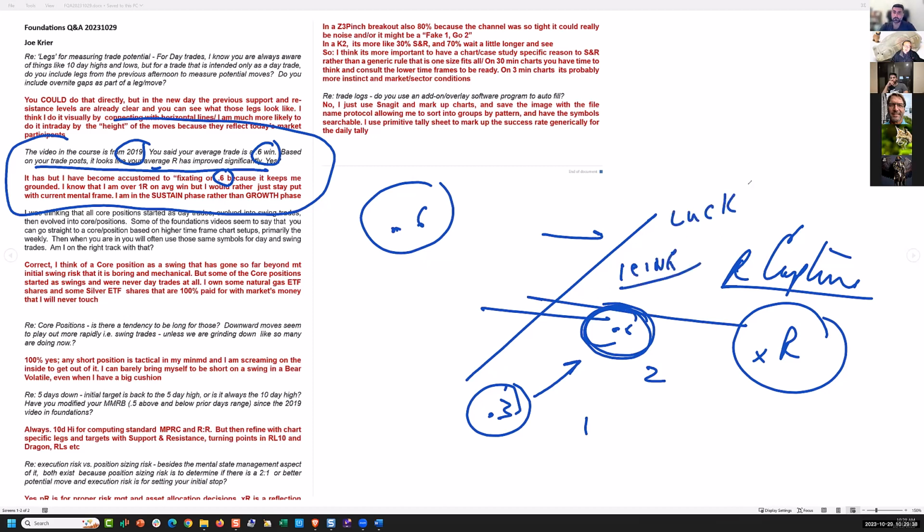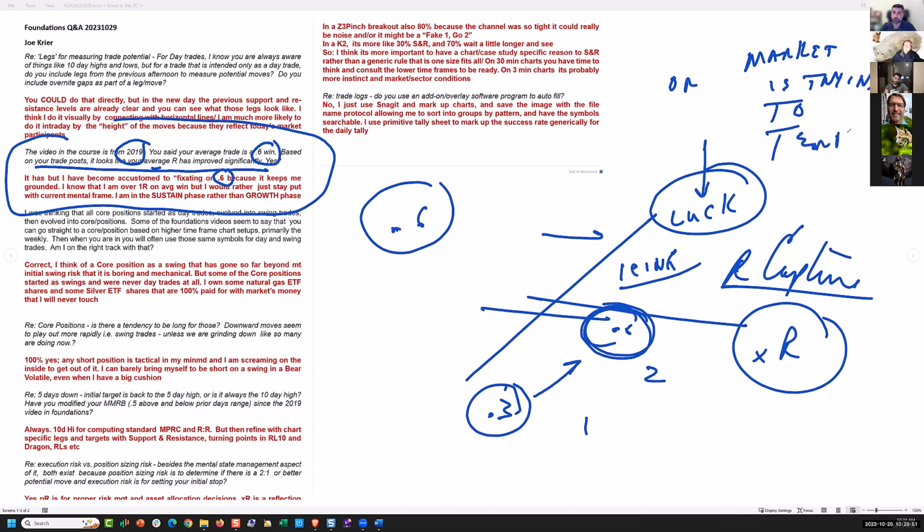And I just say I attribute that to luck, or the market is trying to tempt me with riches.